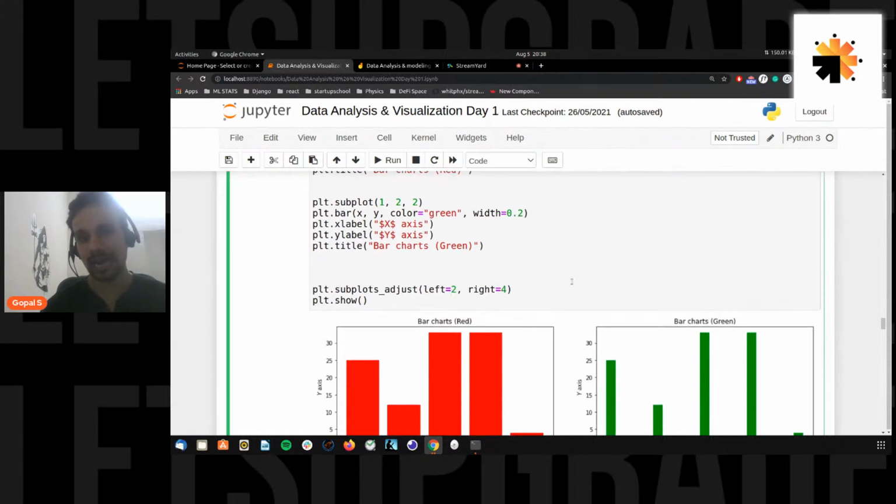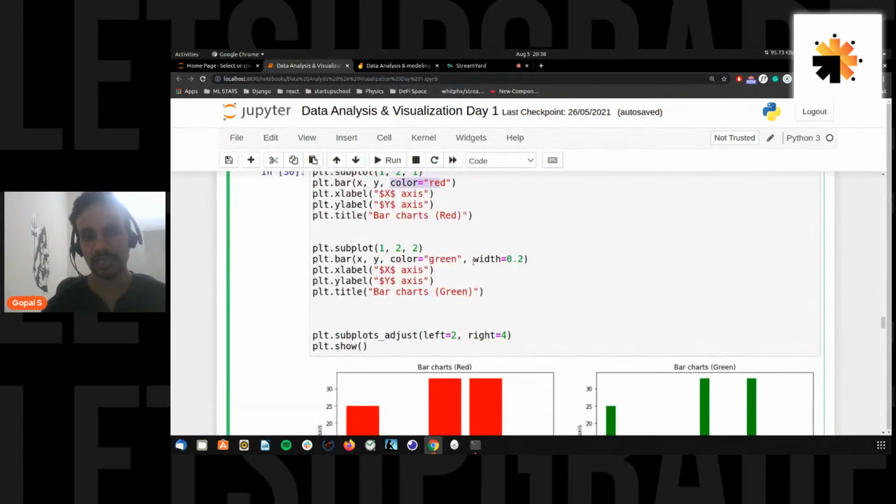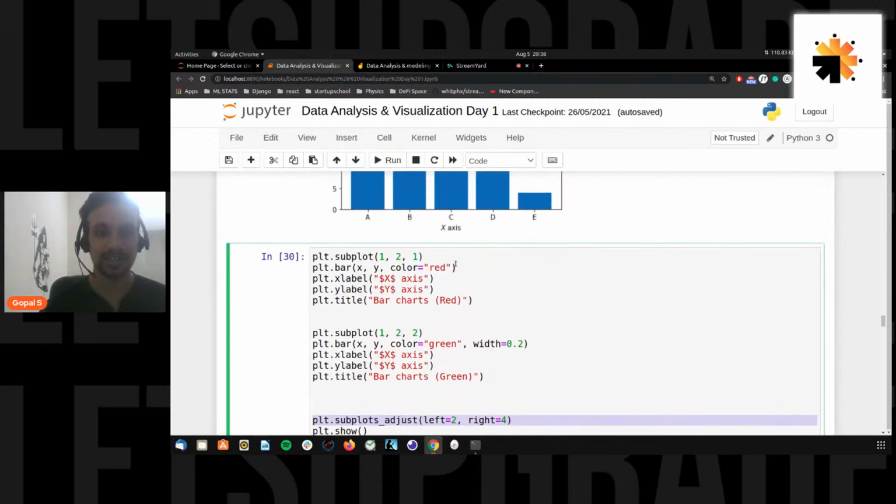For the width, I can even change the width of these sticks. I just did it with the width 0.2, so from the original value it should shrink by 0.2. That is what it means. Again I am adjusting my two subplots, and lastly plt.show. That's it. Quite easy, right?